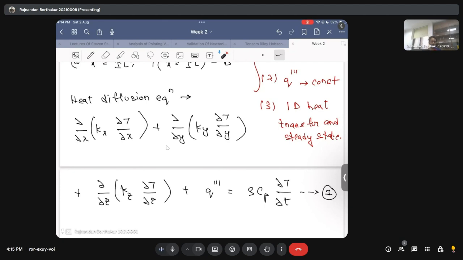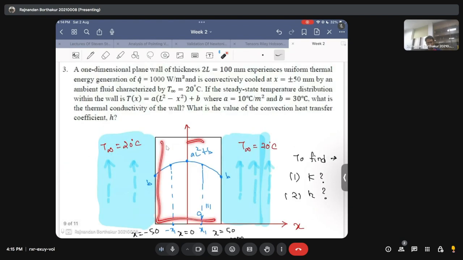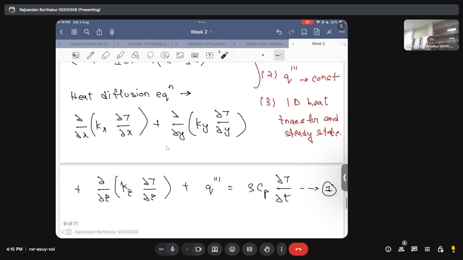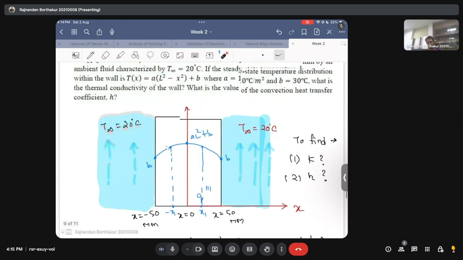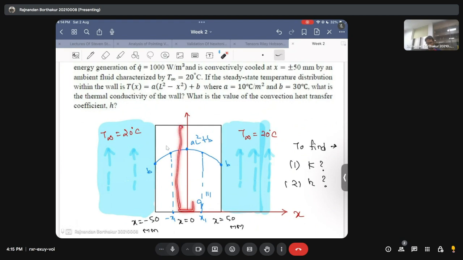But the idea is very simple. You get this form by simply doing an energy balance analysis inside this slab. All you need to do is choose a control volume like this, which has an elemental thickness of dx. Its volume is basically dx dy dz, and you do an energy balance on that infinitesimally small control volume.